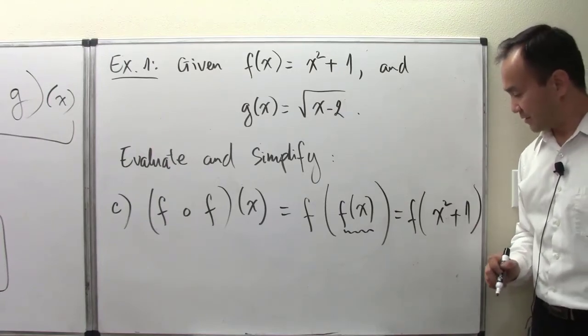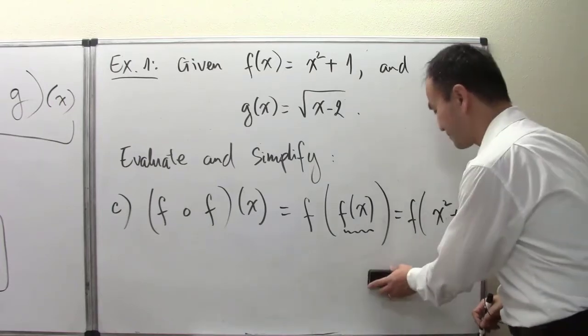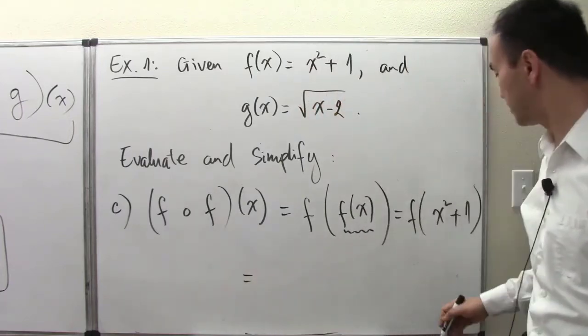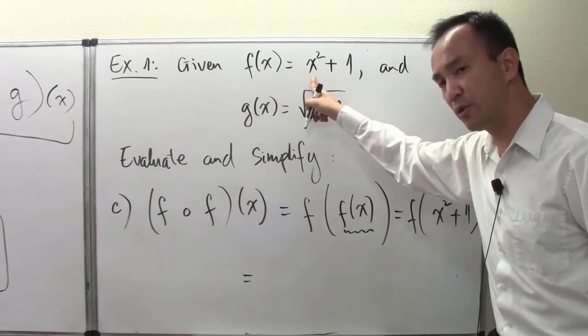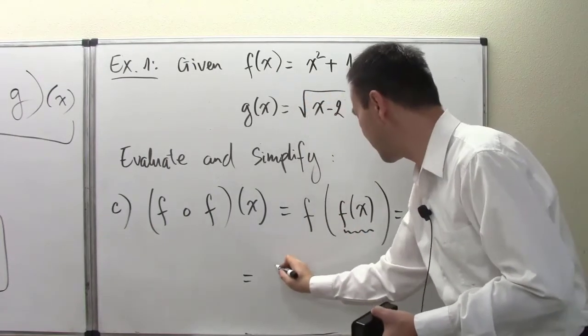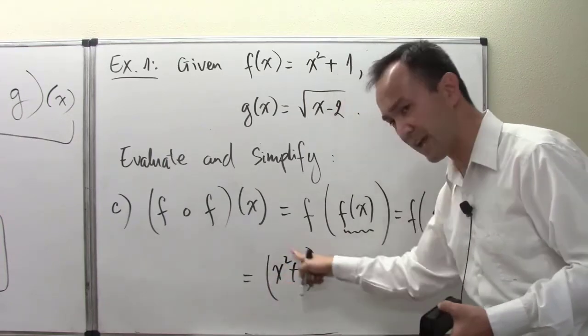So in the next step, we're looking at a clear indication. The rule for F says for every input, we square that input and add 1. So now it's going to be x squared plus 1, but this x squared plus 1 is already the input.